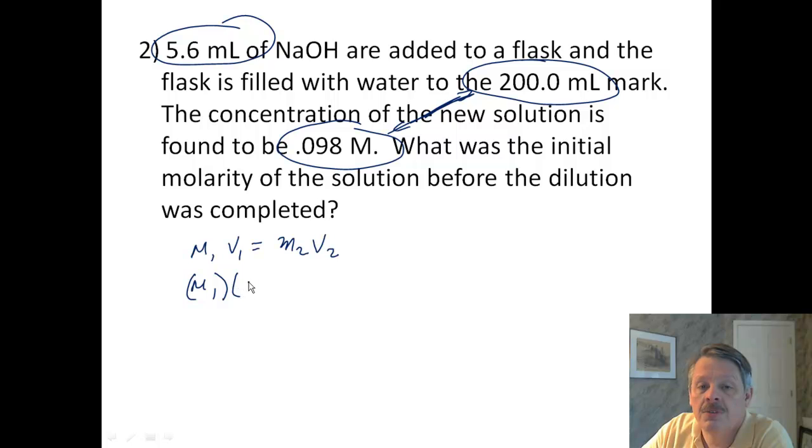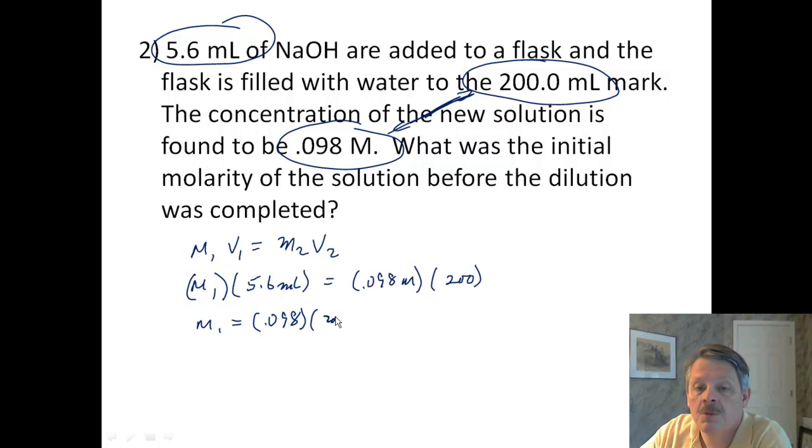V1, our initial volume, is 5.6 milliliters. Our final molarity is 0.098 molar, and our final volume is 200 milliliters. So I need to solve for M1, meaning I divide both sides by 5.6 to get our initial molarity: 0.098 times 200 divided by 5.6. This is going to give us an answer of 3.5 molar as our initial concentration.